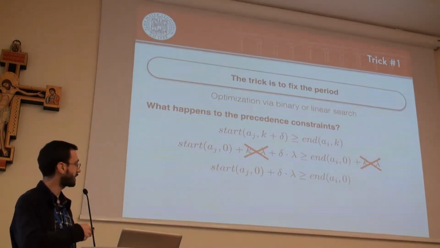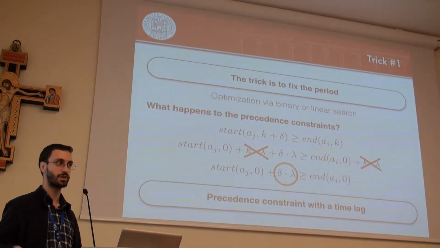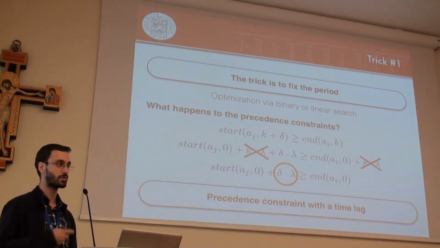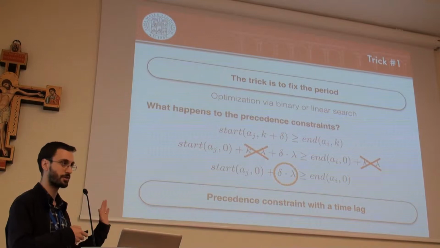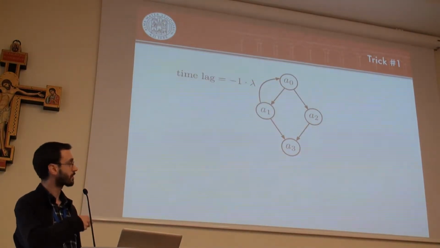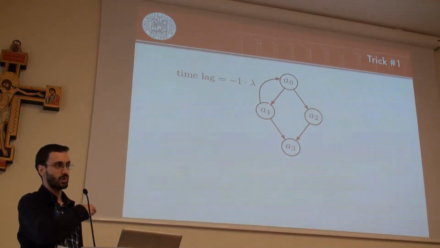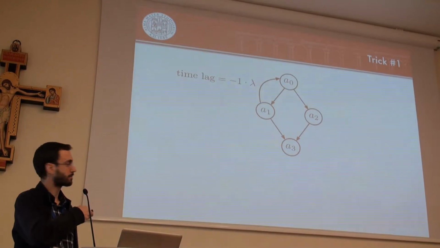The second important thing is that if lambda is fixed, this is a linear constraint. This is just a precedence constraint with a time length, nothing special here. We know how to deal with this stuff. So this is the first important result. Basically, in our original graph, we translate the delay into a temporal time length.